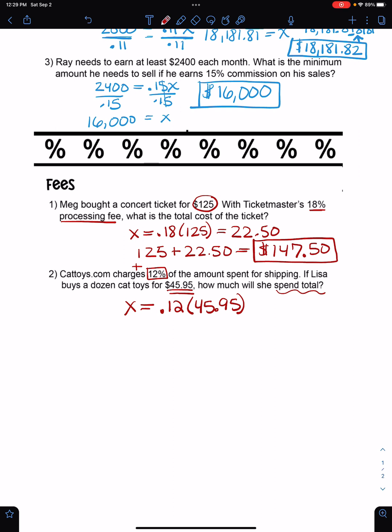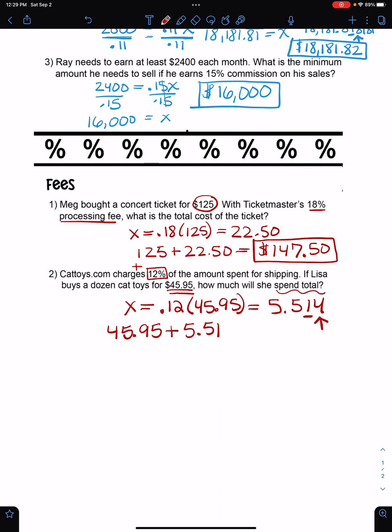$45.95 times 0.12 gives me this amount, which has too many decimal places for money. We want to round to the nearest cent, which is the hundredths place. Since that's less than 5, I'm going to keep it. So she is paying $45.95 for the cat toys plus $5.51 for shipping.